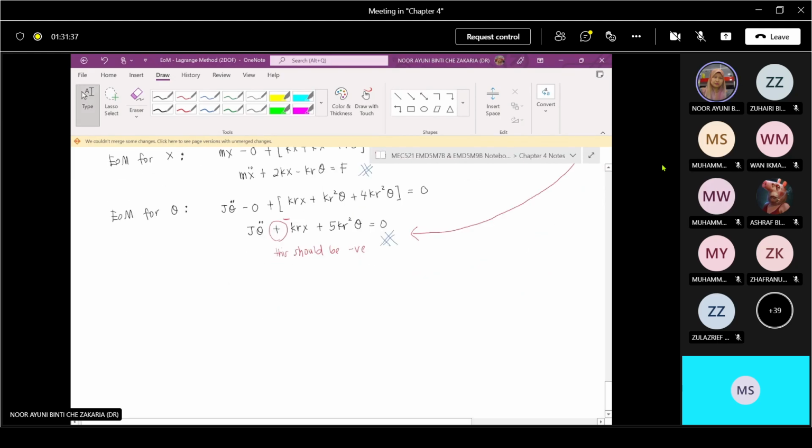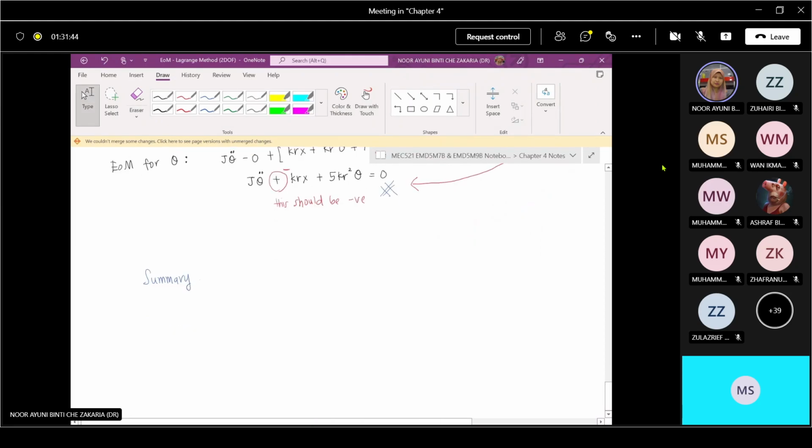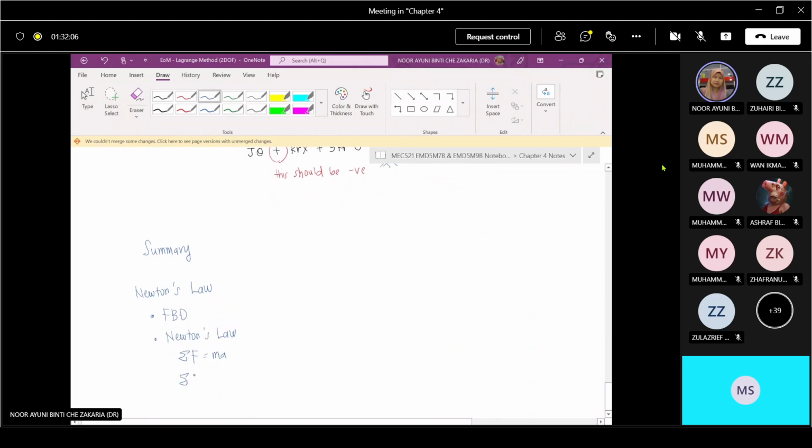So I put a summary here ya. Summary. So for Newton's law, you need to be able to draw free body diagram and then use Newton's law, which is F equal ma or summation of moment equal I theta double dot lah.